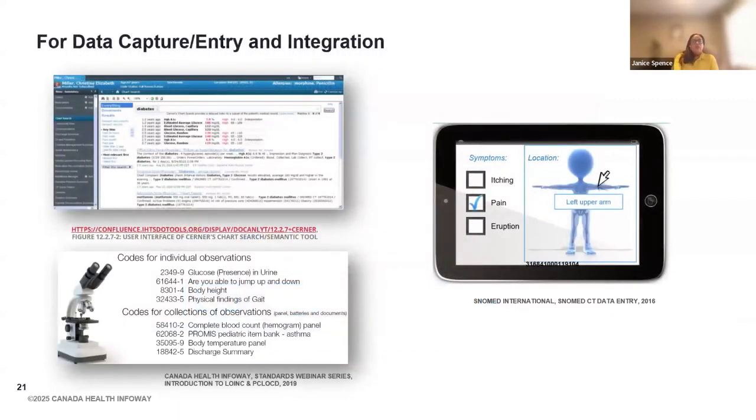So when we talk about health terminologies, data capture, data entry, and an enabler for integration is very important to understand. Health standards used in Canada provide that clinical terminology and systems communications that enable thousands of healthcare providers across the country to communicate and share information in a consistent, unambiguous, safe, and reliable manner.